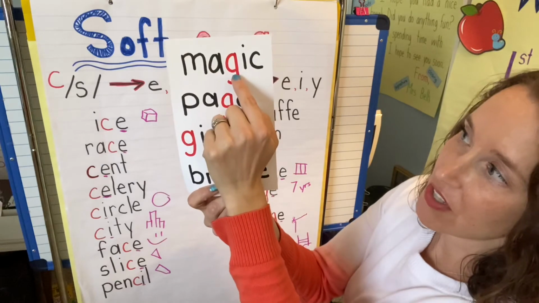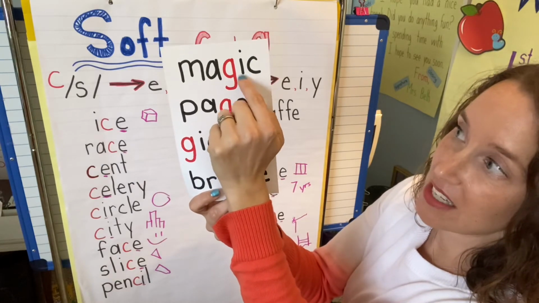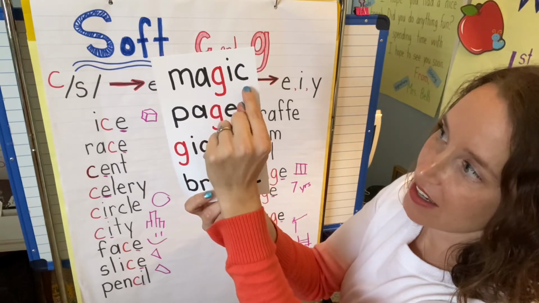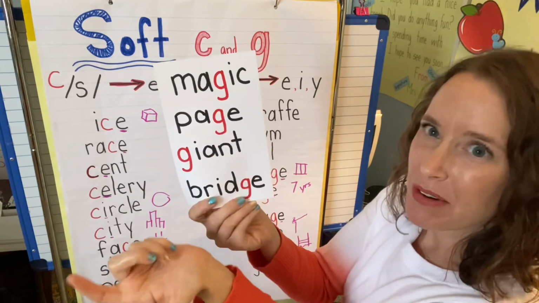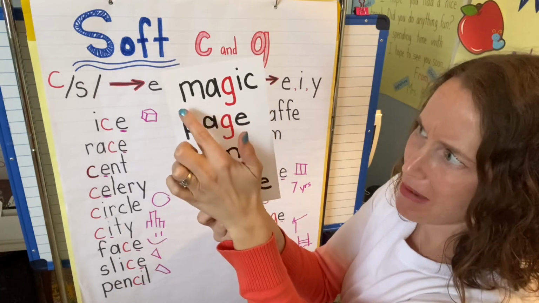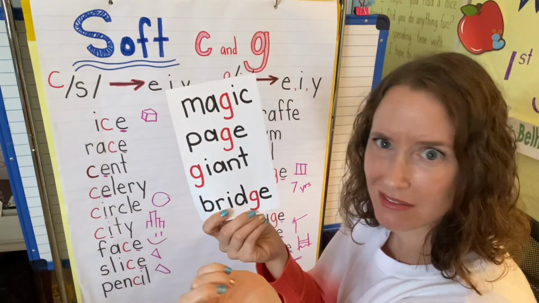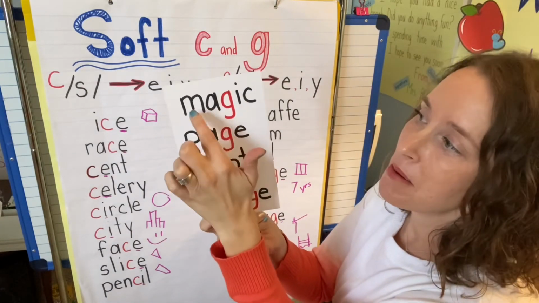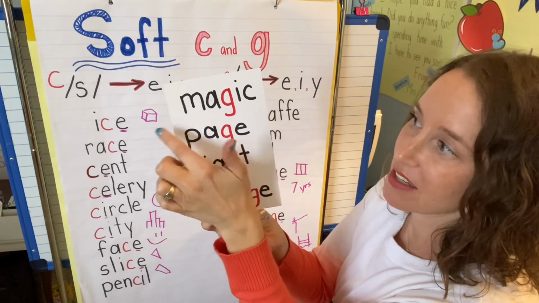So again, remember G and then I, so that makes it a soft G sound. Magic, magic. But if we tried it with a hard G, magic, doesn't sound right. So we would flip it and try the soft sound. Magic, magic.